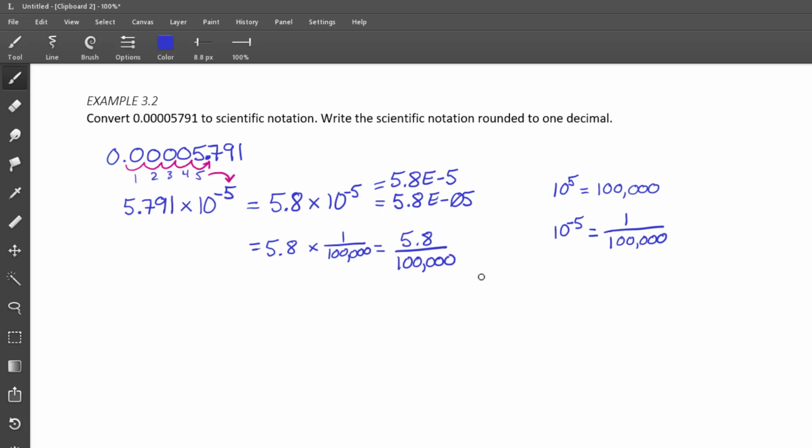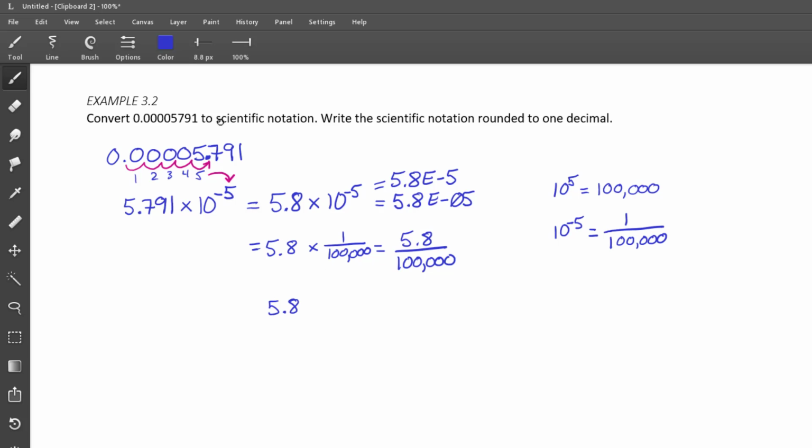So you see you're dividing by the 10 to the power instead of multiplying when you're dealing with small numbers in scientific notation. So what does this do mathematically, this calculation here? 5.8 divided by 100,000. Well, we know what it does mathematically. It gets you 0.000058. But if we do the hopping like we did before, we would start with the part on the left of the scientific notation, which is 5.8.